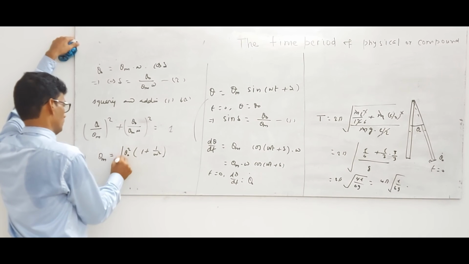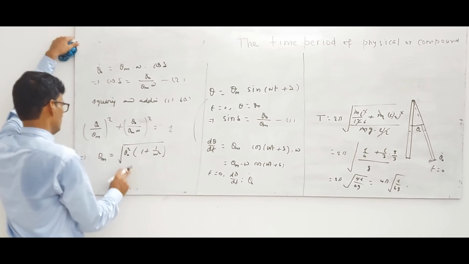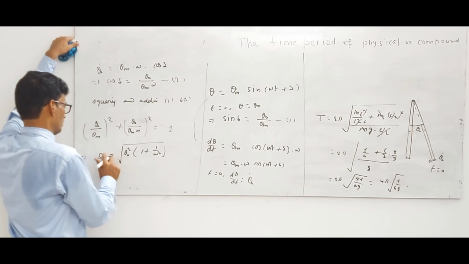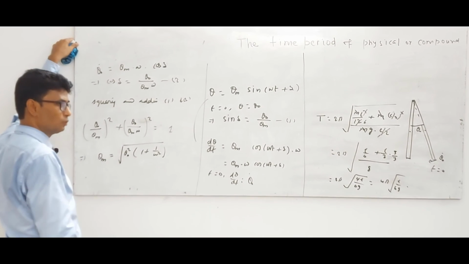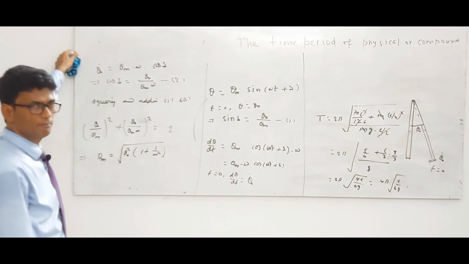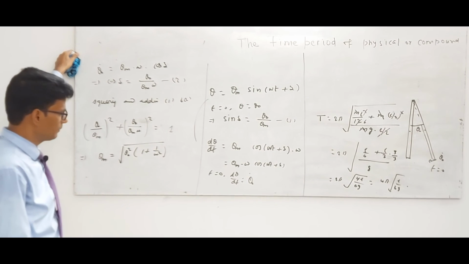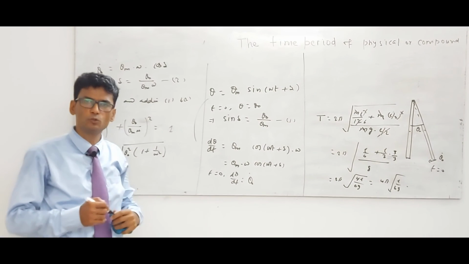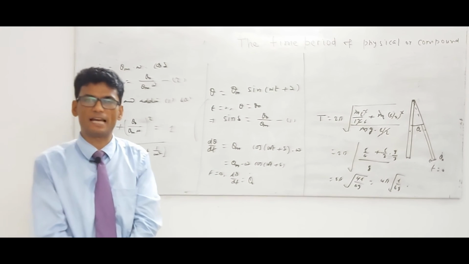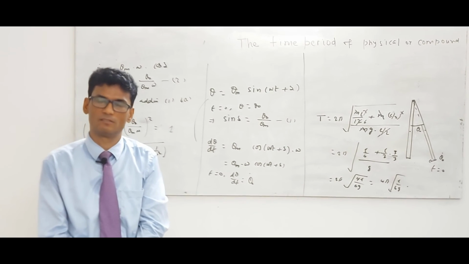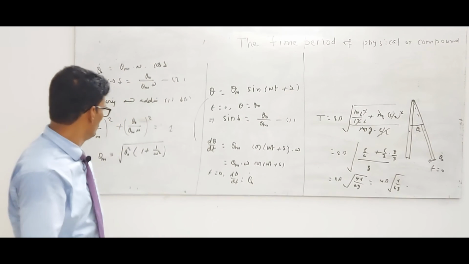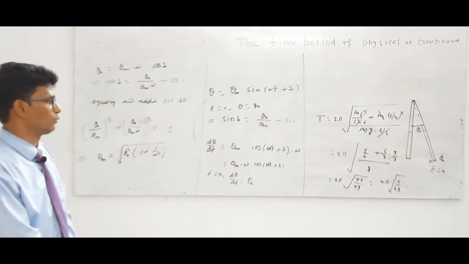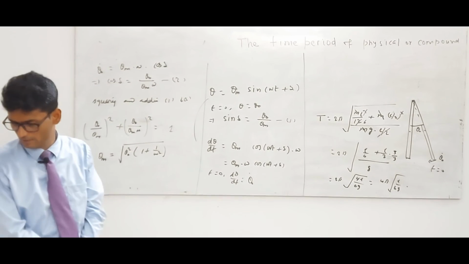Here theta maximum is taken as the positive square root, because amplitude will never be negative. What is amplitude? It is the magnitude of maximum displacement on either side of the mean position. Here is the point of suspension, here the vertical. In that way, now we have to find the mean kinetic energy.